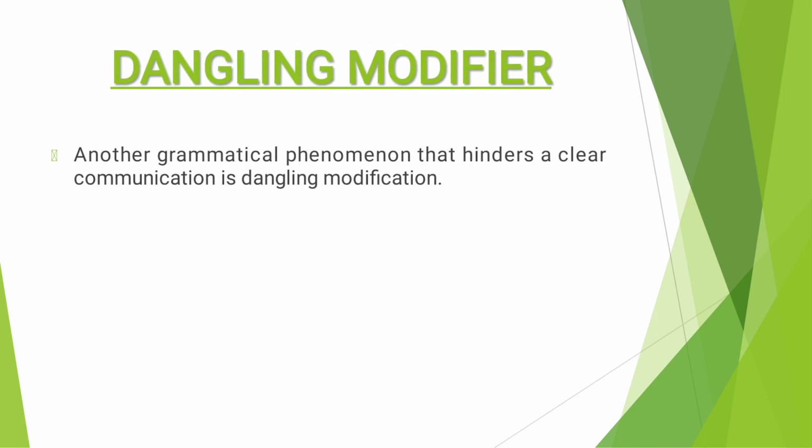Quickly, let's start. Another grammatical phenomenon that hinders a clear communication is dangling modification. Dangling modification hinders communication, a pellucid communication. Pellucid.